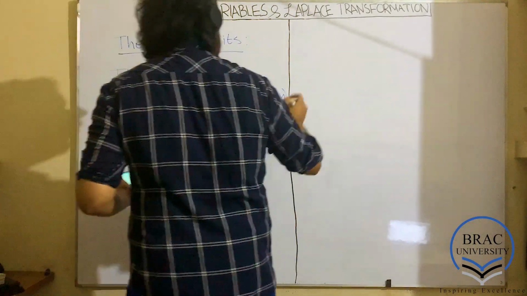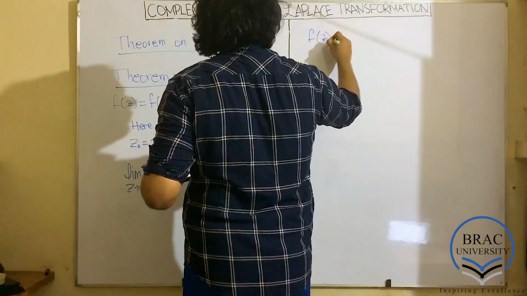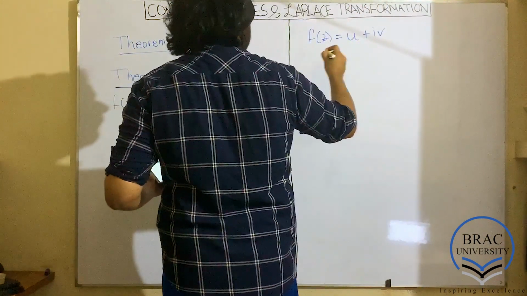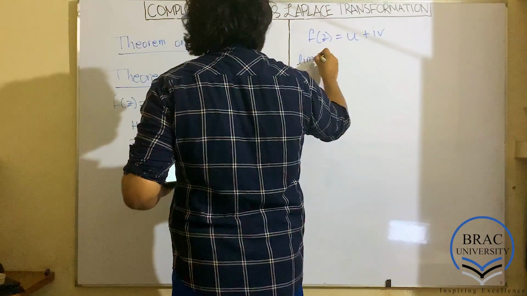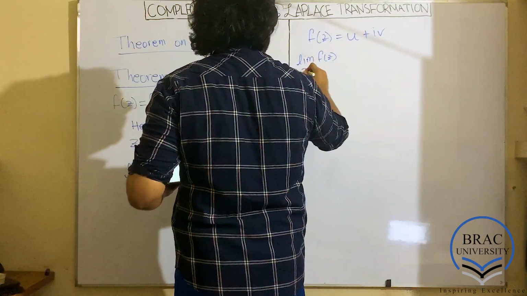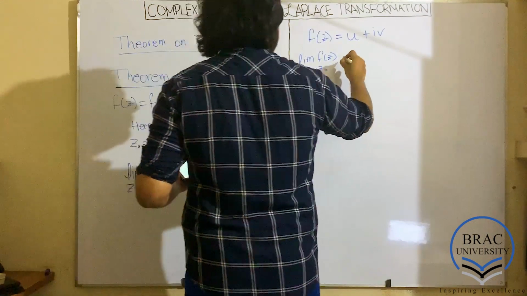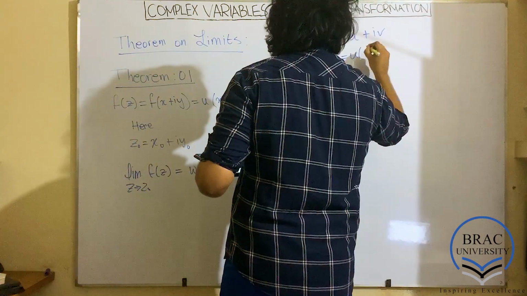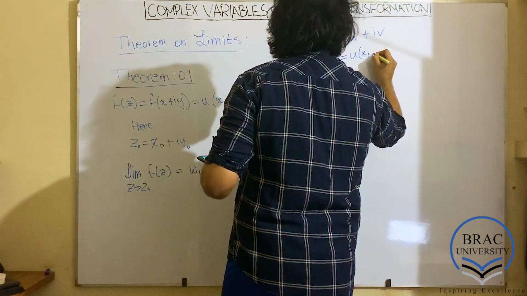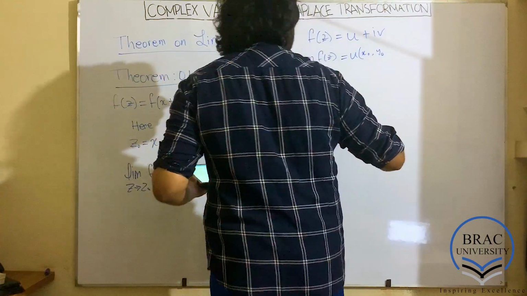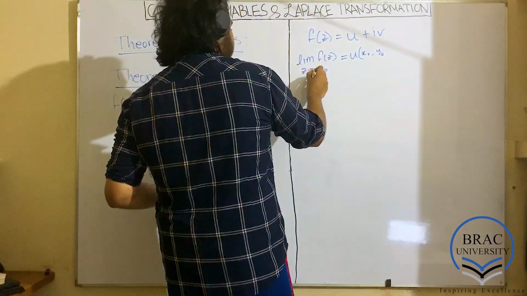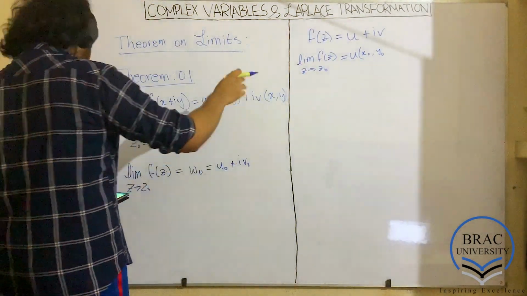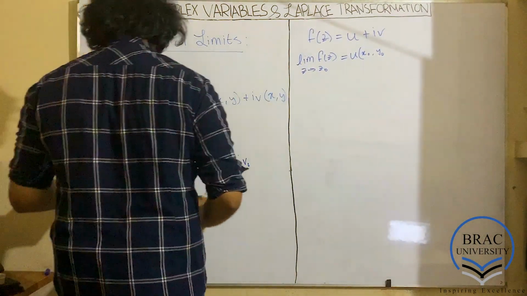Say your function f of z is equal to, as you know, u plus i v. Now if you take the limit where z tends to z naught, you have u as a function of x naught, y naught, as in you've taken it to the limit, since when you take z to the limit z naught, you get x naught plus i y naught.